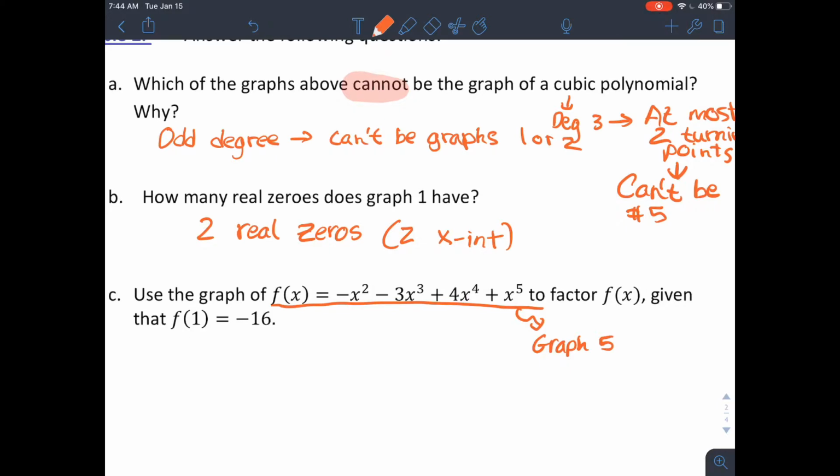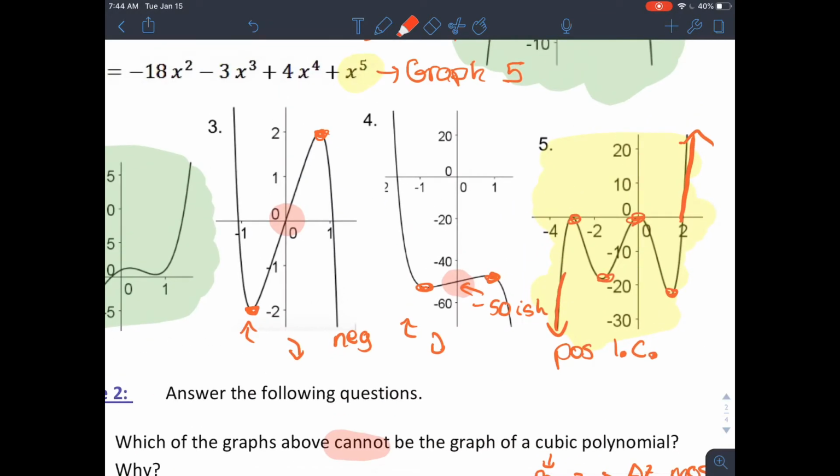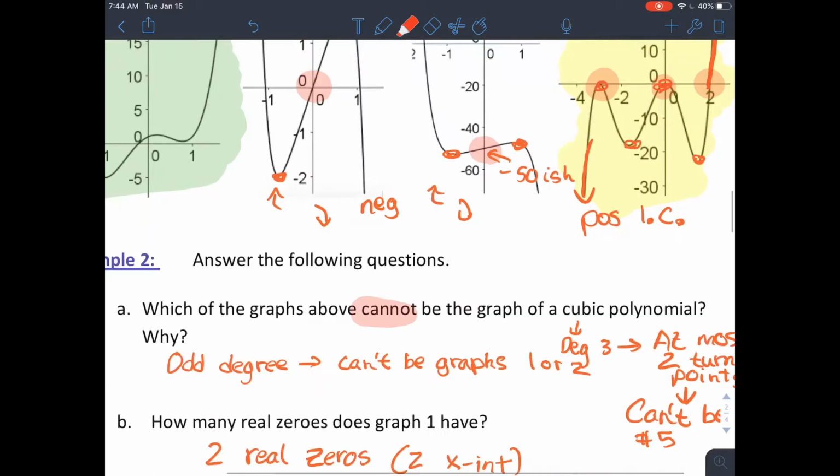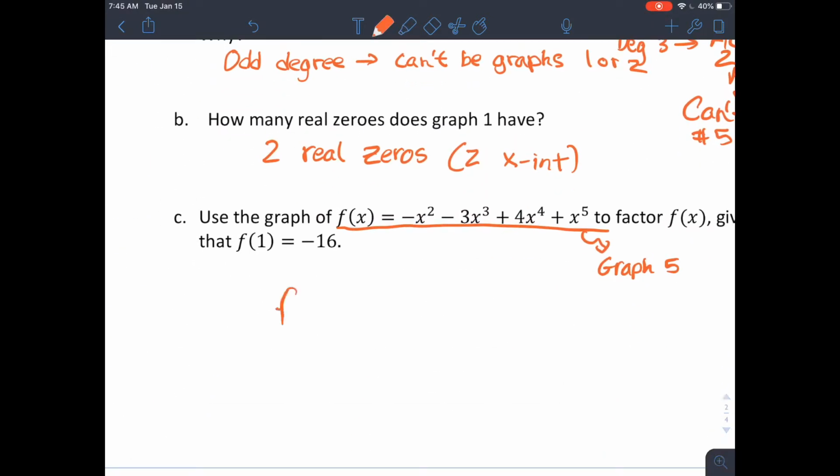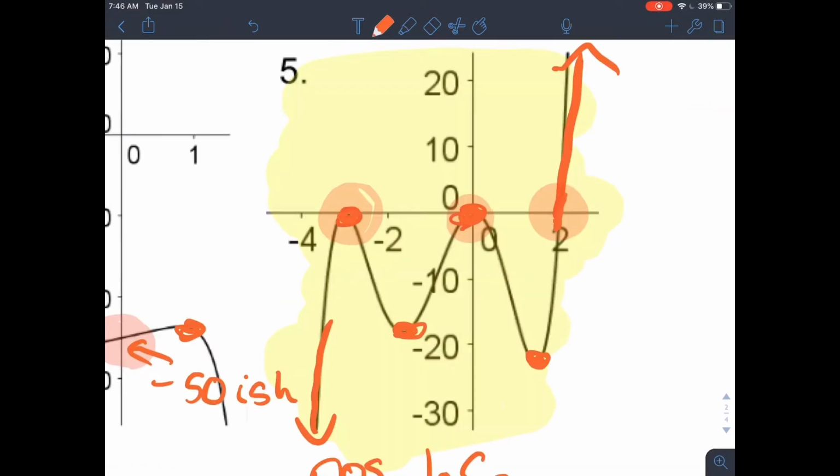If you go up to graph 5 and look at your x-intercepts, we've got x-intercepts of negative 3, 0, and 2. So let's start with a polynomial that has factors of x plus 3, x, and x minus 2 to correspond with our zeros.